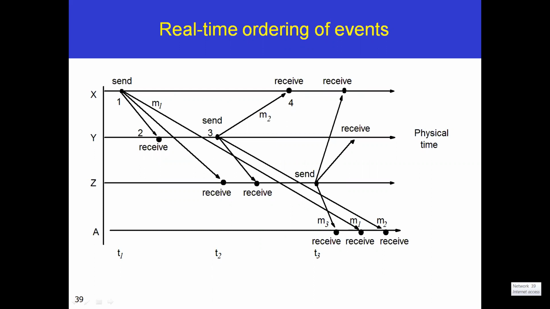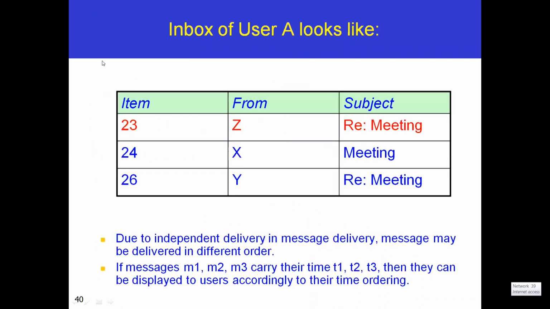Here in this diagram, M represents a message, and X, Y, Z represent inputs. The diagram represents the inbox of user A, with the item number, from which system, X, Y, Z, the subject, and the description mentioned there.